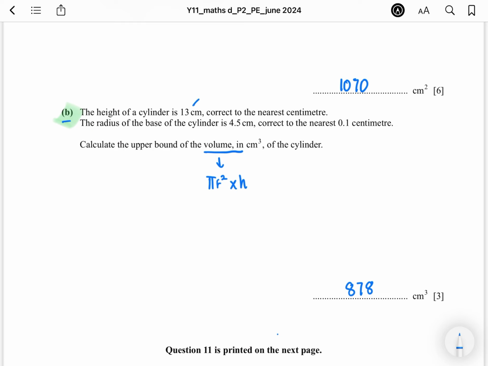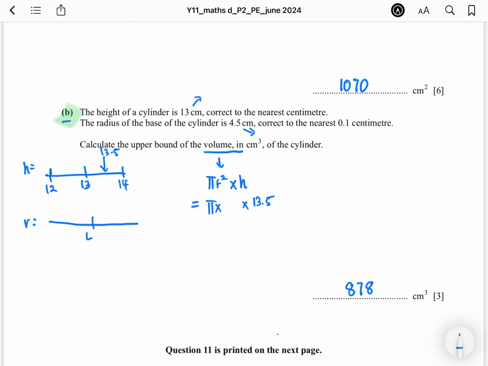So find the upper bound of the height, find the upper bound of the radius, put it into the formula, and you get the upper bound of the volume, because it's multiplication. So height, 13 centimeters to the nearest, so it is between 12.5 and 13.5, which means the upper bound is 13.5 for the height.